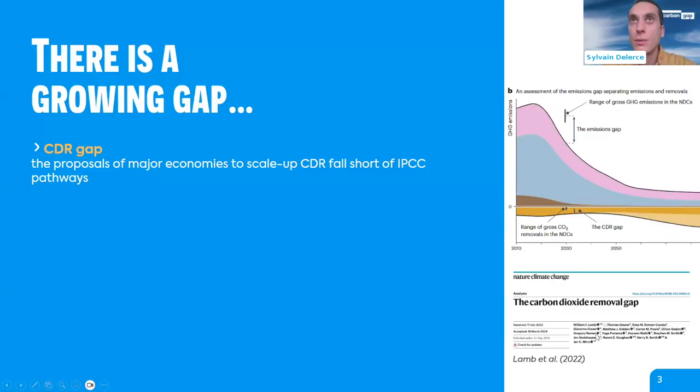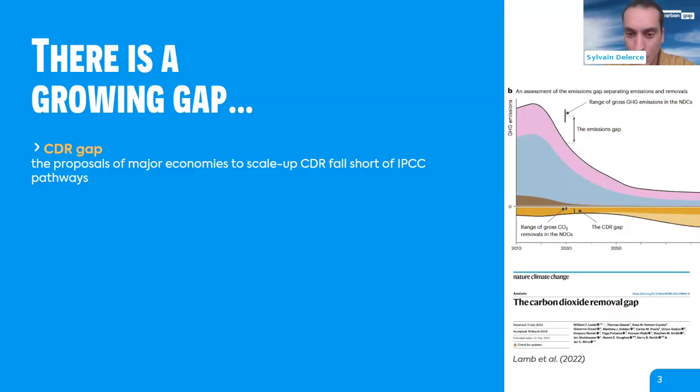So let's start with the motivations of this work and what we are trying to achieve with this tool. A lot of this work starts from the work that has been done and published on the characterization of what is called the CDR gap. That is the gap between what needs to happen in terms of CDR to meet the objectives of the Paris Agreement, following the different IPCC pathways that would take us to meet these objectives, and what is actually planned by the major economies, at least.